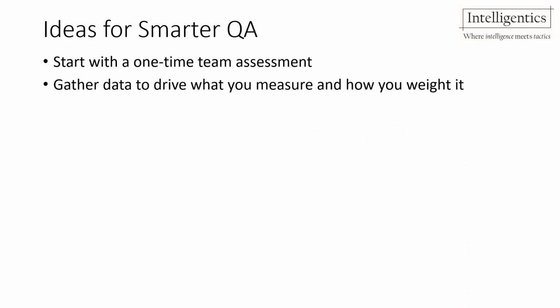So let's get started. Ideas for smarter QA. Number one, start with a one-time assessment. And this is specifically for those of you who may not have a quality program. You're thinking about getting started, or you want to design this program, but we've never really done it before.